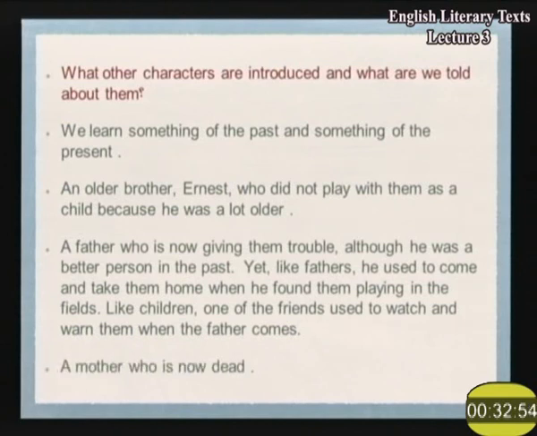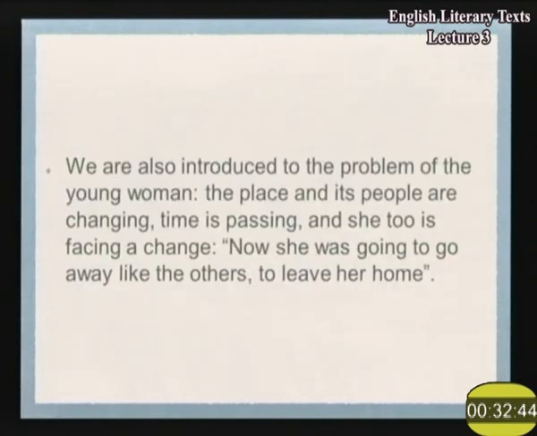We also have a very important character, which is the mother, and we are told that the mother is now dead. We are also introduced to the problem of the young woman. The place and its people are changing. Time is passing, and she too is facing a change. We are told in the last line of this paragraph, now she was going to go away like the others, to leave her home.